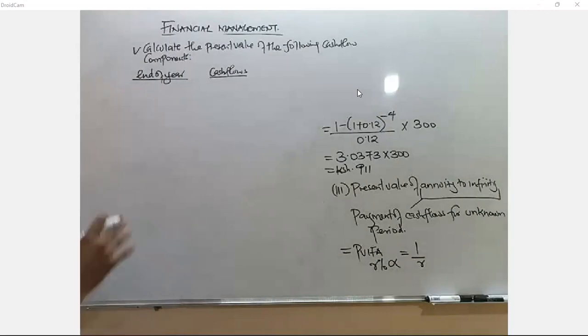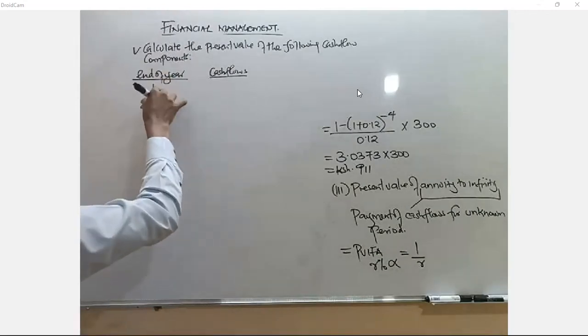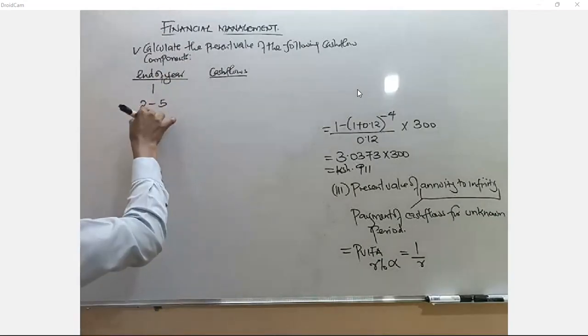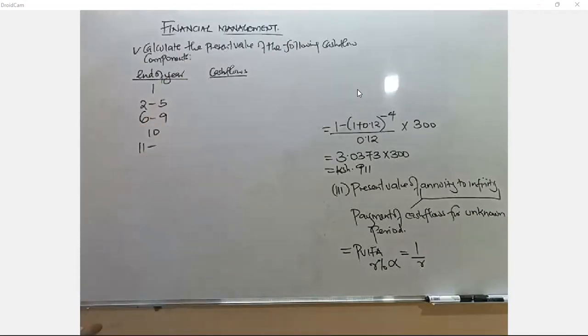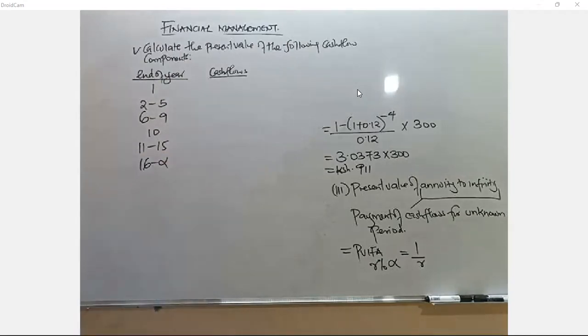So the periods are given like this: we have 1, 2 to 5, 6 to 9, 10, 11 to around 15, then we have 16 to infinity.